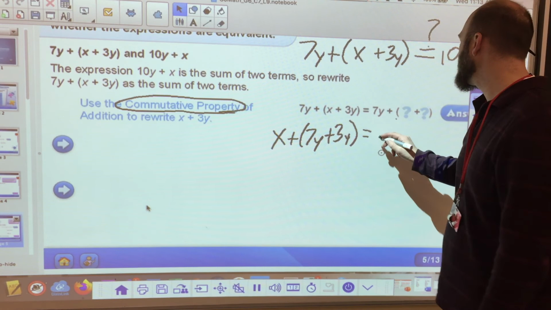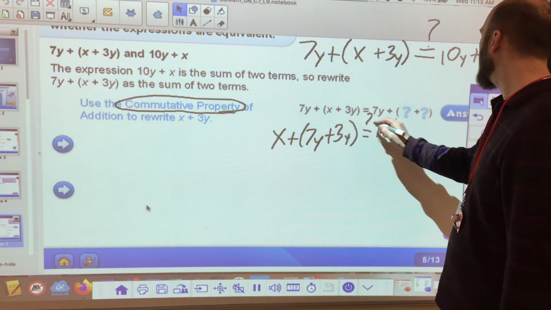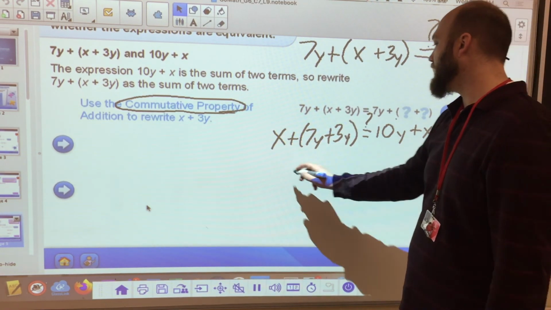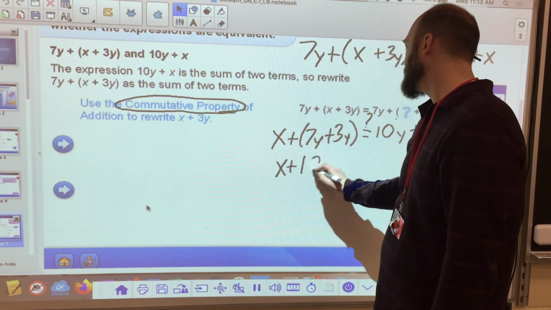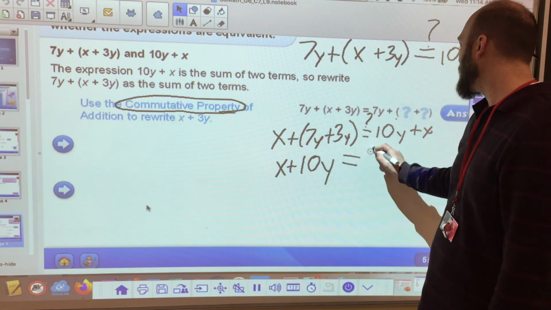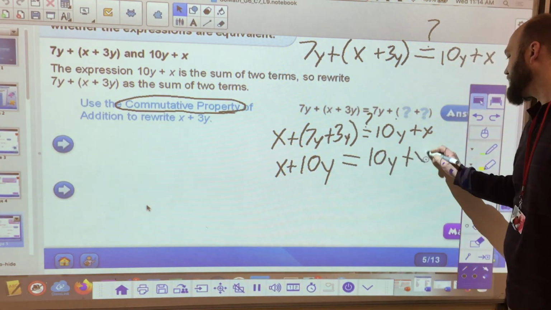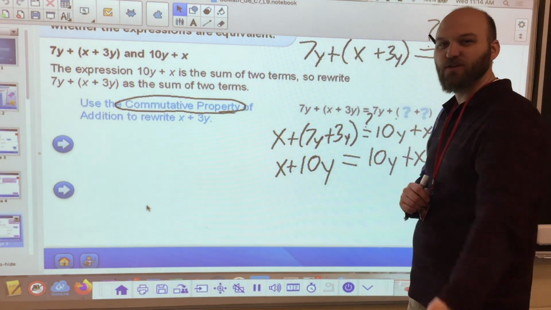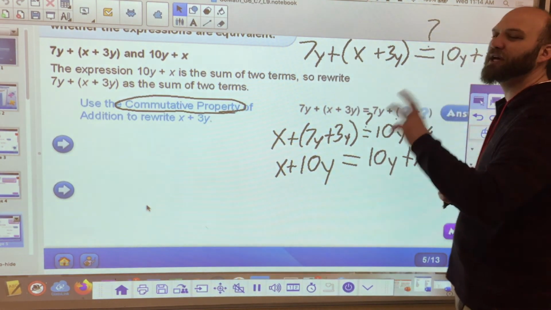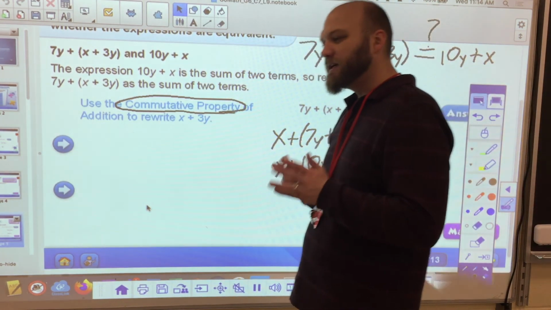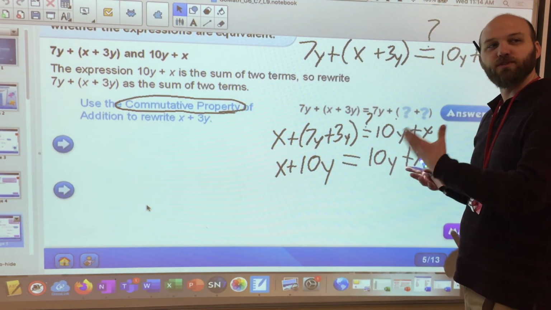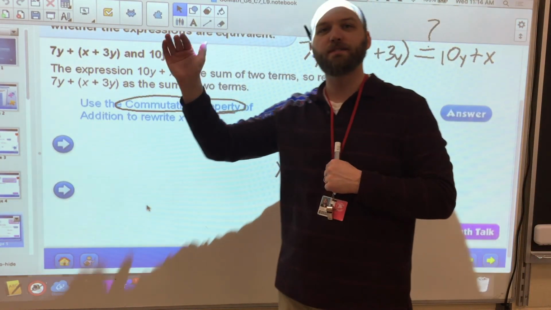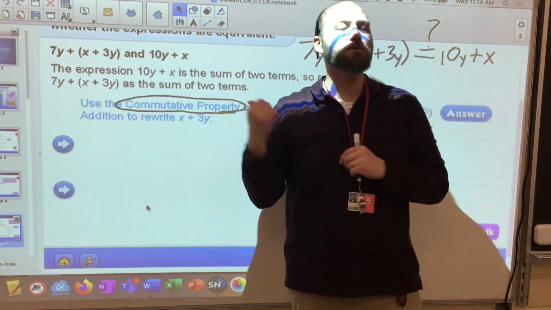Does that equal 10y plus x? Well, 7y plus 3y does equal 10y, and that would equal 10y plus x. So now we've taken the commutative property and we can explain it using the associative property. Those are really just big words that mean you can move these numbers around, and they have rules on how you can move these numbers. So again, I'm looking for, are these equivalent, and what ways can I manipulate the numbers to make it work?